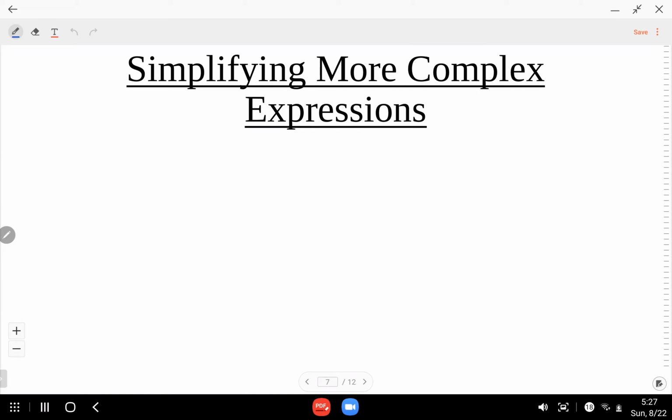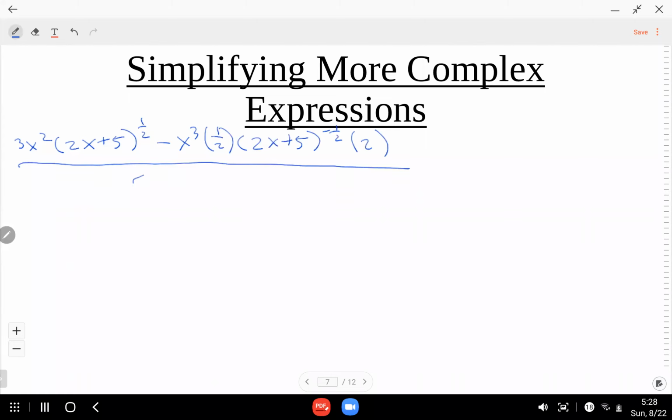We're going to use the example 3x squared times (2x plus 5) to the 1/2 minus x cubed times 1/2 times (2x plus 5) to the negative 1/2 times 2, all over ((2x plus 5) to the 1/2), then squared.